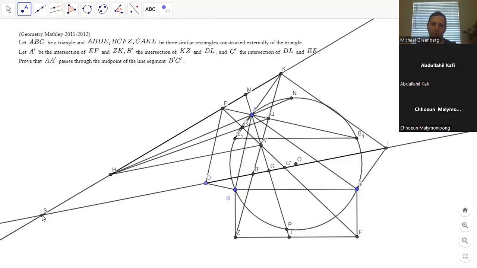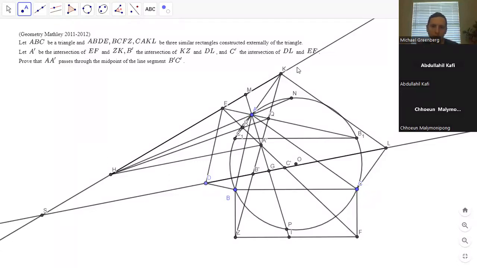That would be one way to do it. So we can use Menelaus.